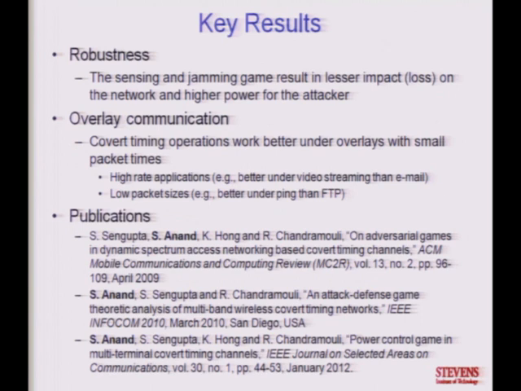But just the key results, this is what we found. Normally, a simple allocation of sensing and camouflaging resources could be this: let's say the impact, which is measured as loss in capacity, is highest on channel 1, next on channel 2, third highest on channel 3.